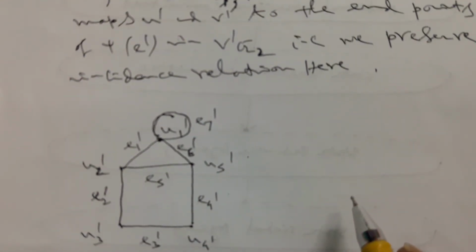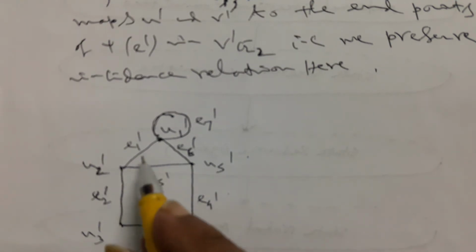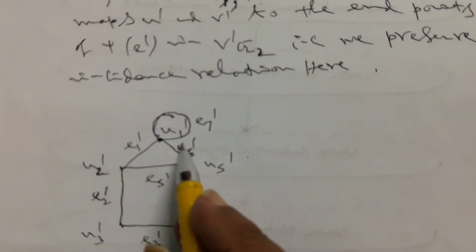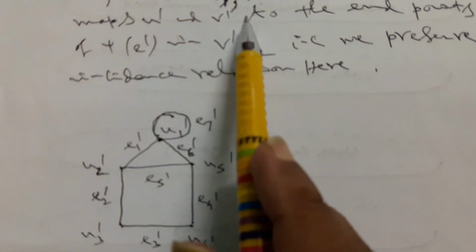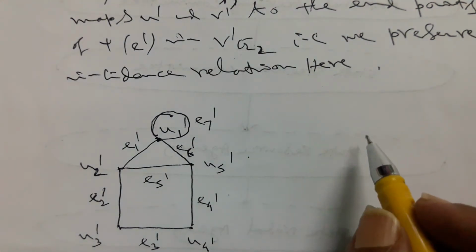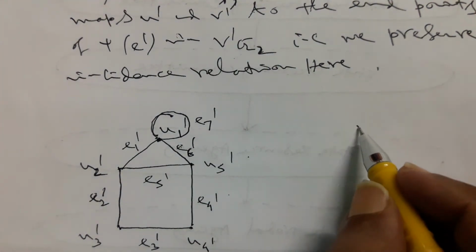And now if we consider u' v' corresponding, we are getting maps to the two endpoints. So here u' is transposed to v'.